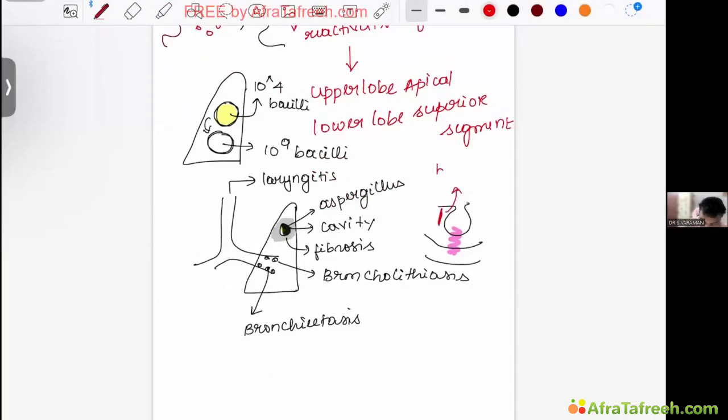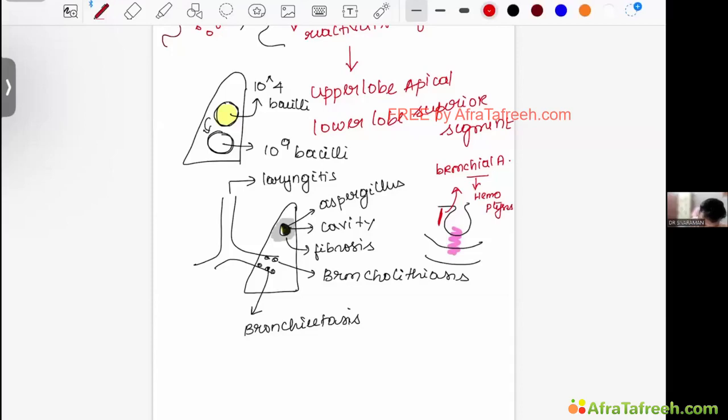So the bronchial artery is the source of hemoptysis.